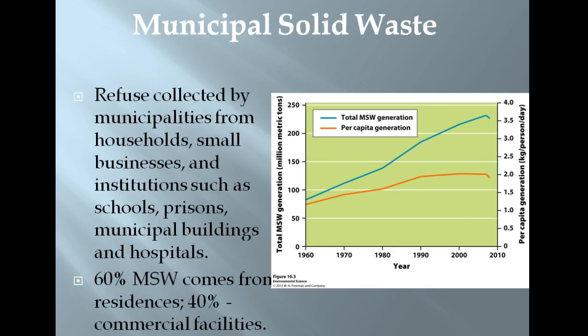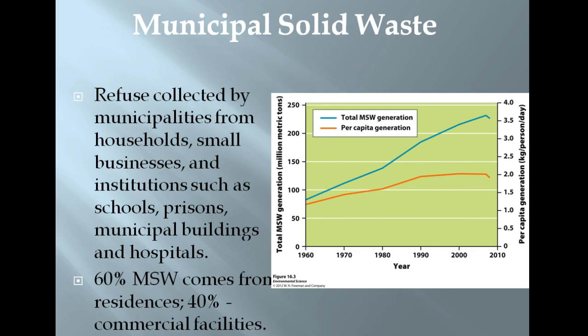Municipal solid waste is all the refuse that is collected by municipalities from households, small businesses, and institutions like schools, prisons, hospitals, city buildings. Note that 60% of municipal solid waste comes from residences and 40% comes from commercial facilities. That is a number you need to know.